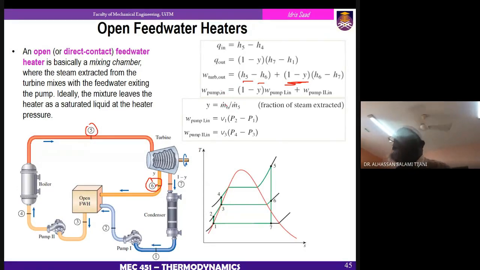And the work added to the pumps: for pump number 1, we have 1 minus y times the work input, plus the work input to pump 2. And note that y equals the mass flow rate at state 6 divided by the mass flow rate at state 5. Okay.